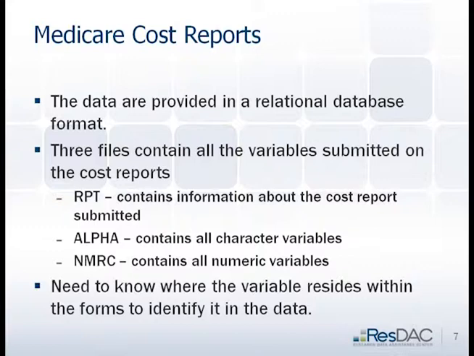There is another file called alpha, and that contains all of the character variables. And the numeric file contains all of the number values or variables. So you have to know where the variable resides within the forms, but you also need to know, is this variable a character or alpha variable, or is it a numeric variable, to know how to get it out.